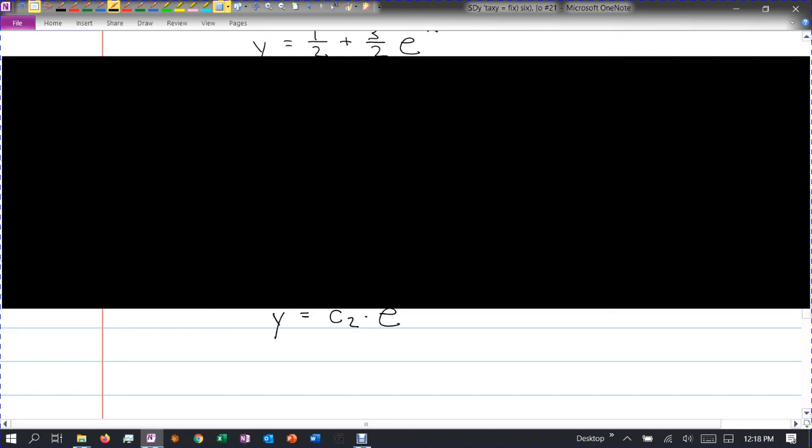That must equal the function's value at 1, so the function's value at 1 is going to be c sub 2 e to the negative 1. So that's just going into this one and replacing this x with 1.